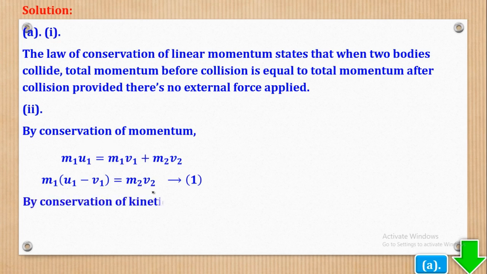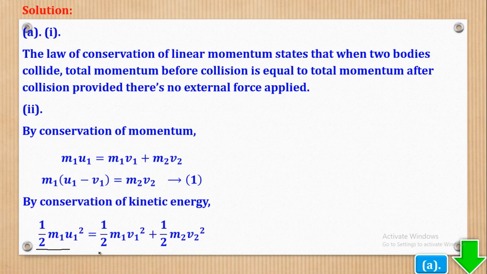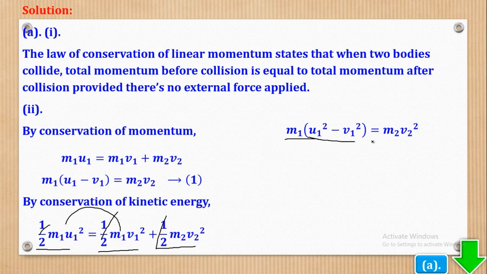Next is conservation of kinetic energy. A half m1 u1 squared is equal to a half m1 v1 squared plus a half m2 v2 squared. The halves cancel, and when I make m1 the subject, you'll come up with m1 in brackets (u1 squared minus v1 squared) equal to m2 v2 squared.